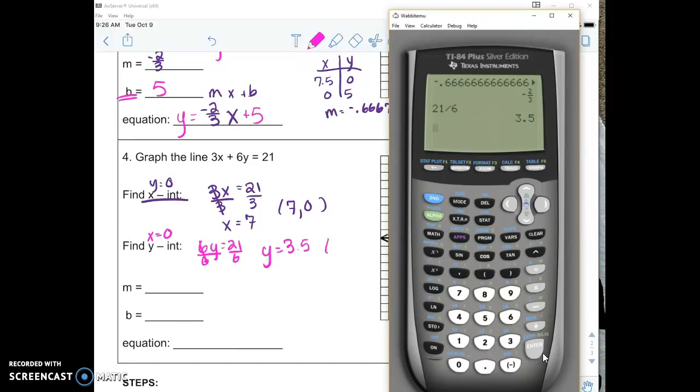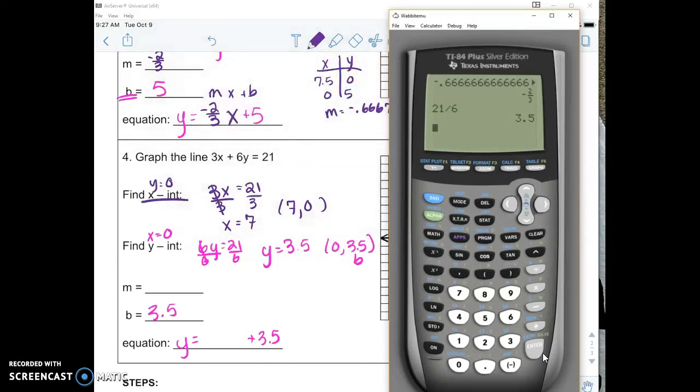So my y-intercept is the point (0, 3.5). I can connect my points to draw my line. My b value, or my y-intercept, was 3.5. So I'm definitely going to have plus 3.5 at the end of my equation.